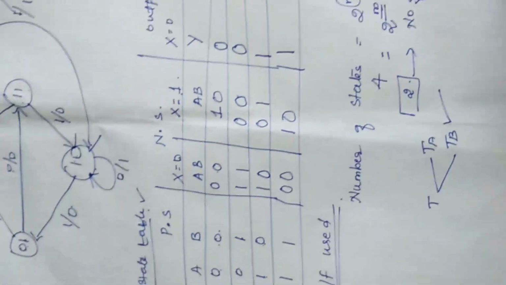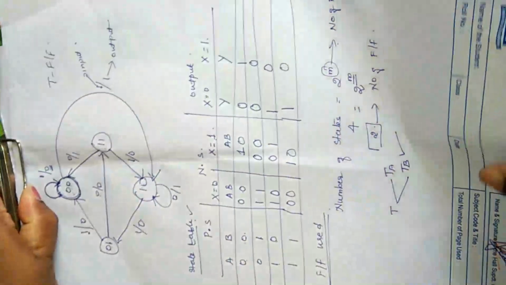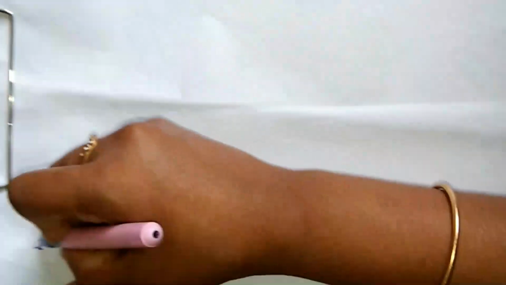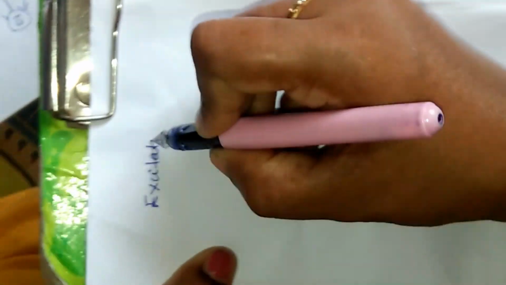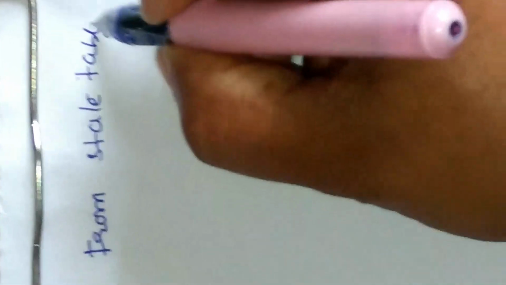Okay. So the next crucial step which I'll have to derive is, let me turn the page for you all. So the next crucial step is the excitation table, which is very important. This excitation table is obtained from the state table. Okay.